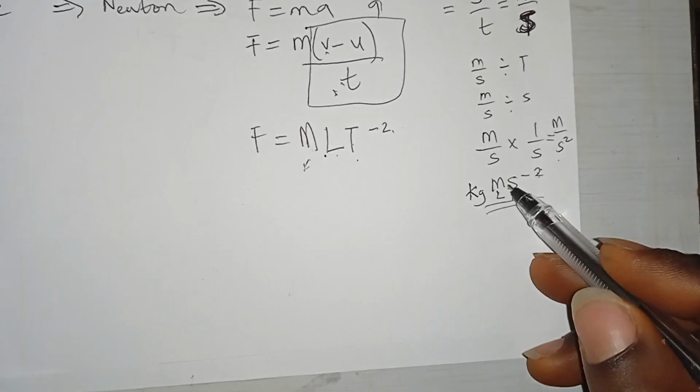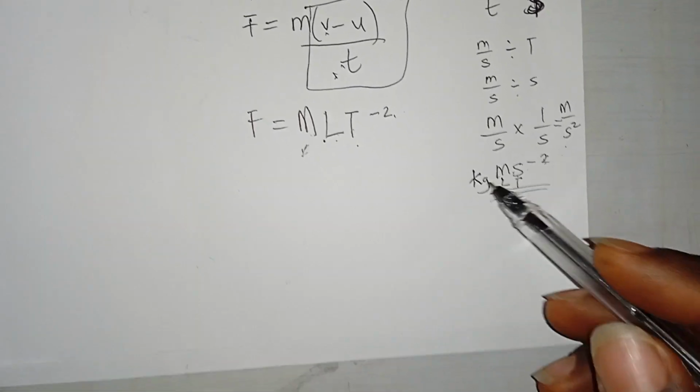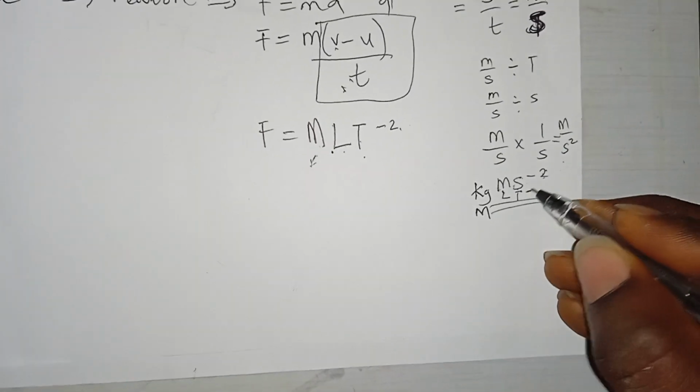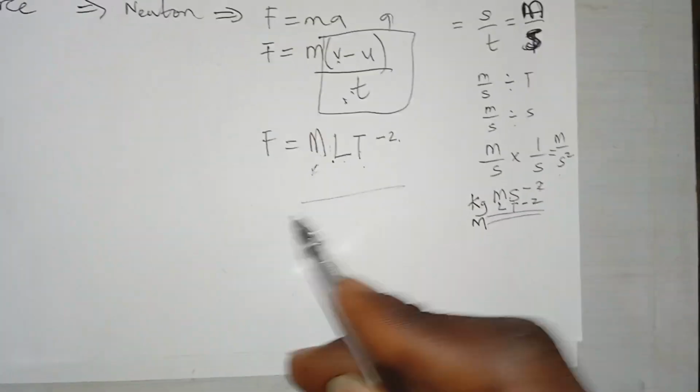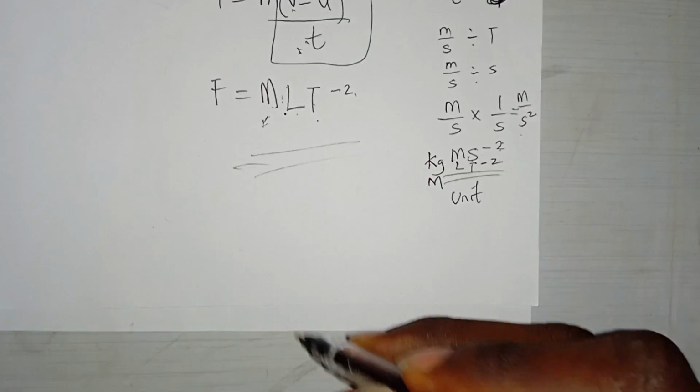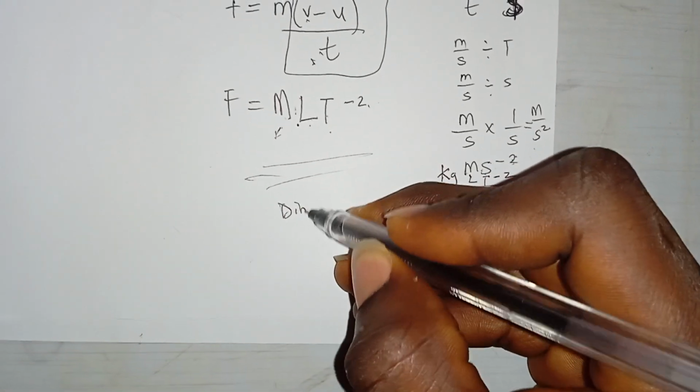Then for force, it will be kilogram meter per second squared. So where you see kg, replace it with M, then put this. So that is why we have this. This is the unit, and this is the dimension.